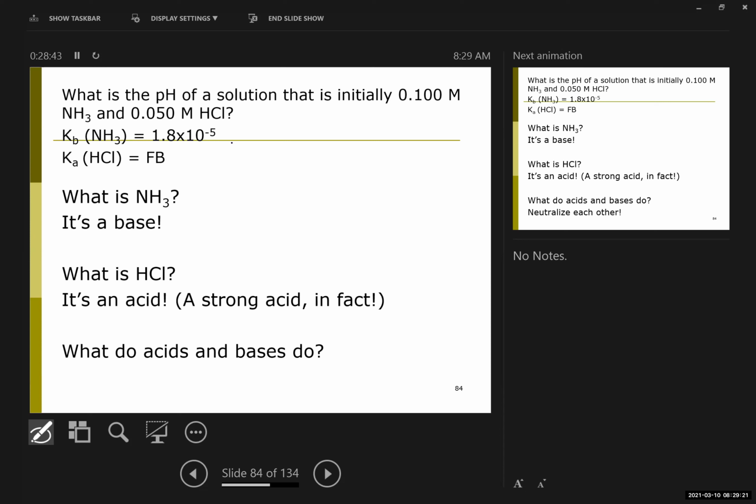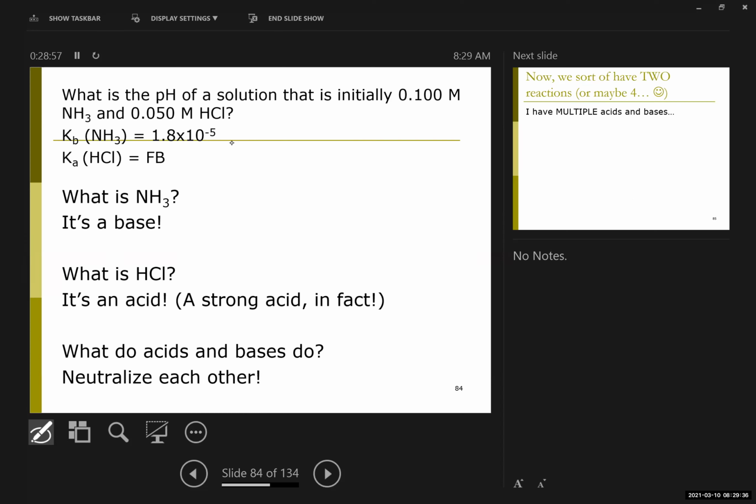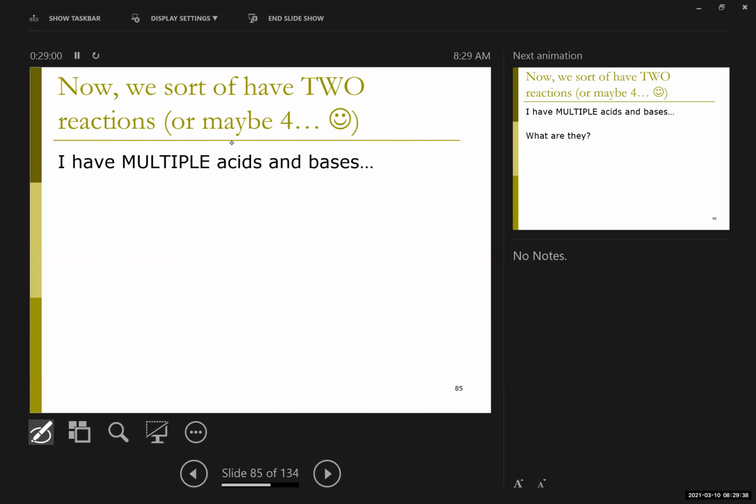Now, of course, again, there's really a third thing here. I have ammonia, I have HCl, and I have water. And so, again, I actually have multiple acids and bases. Ammonia is a base.